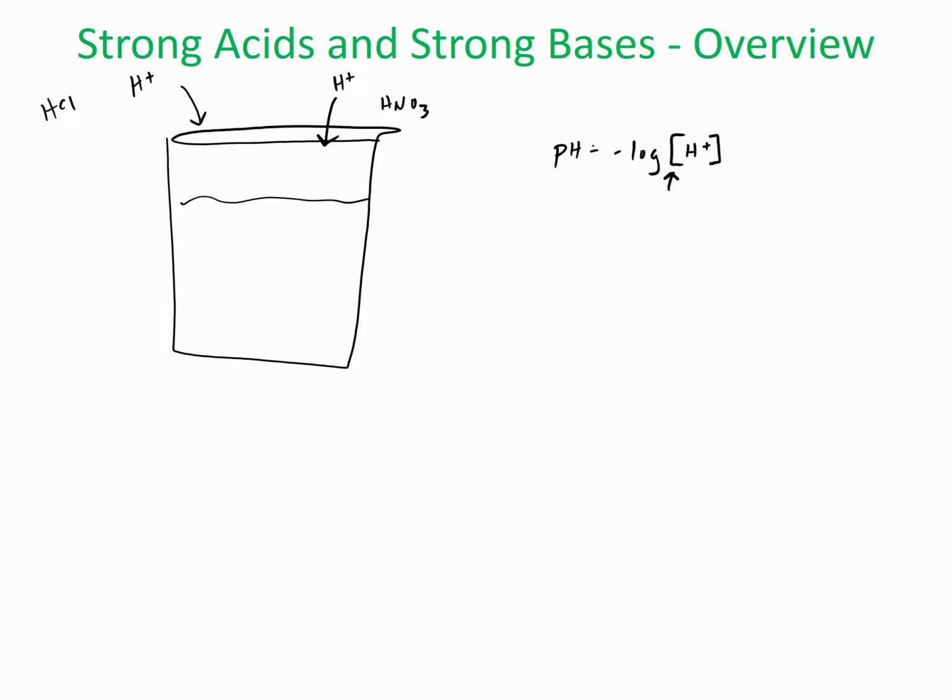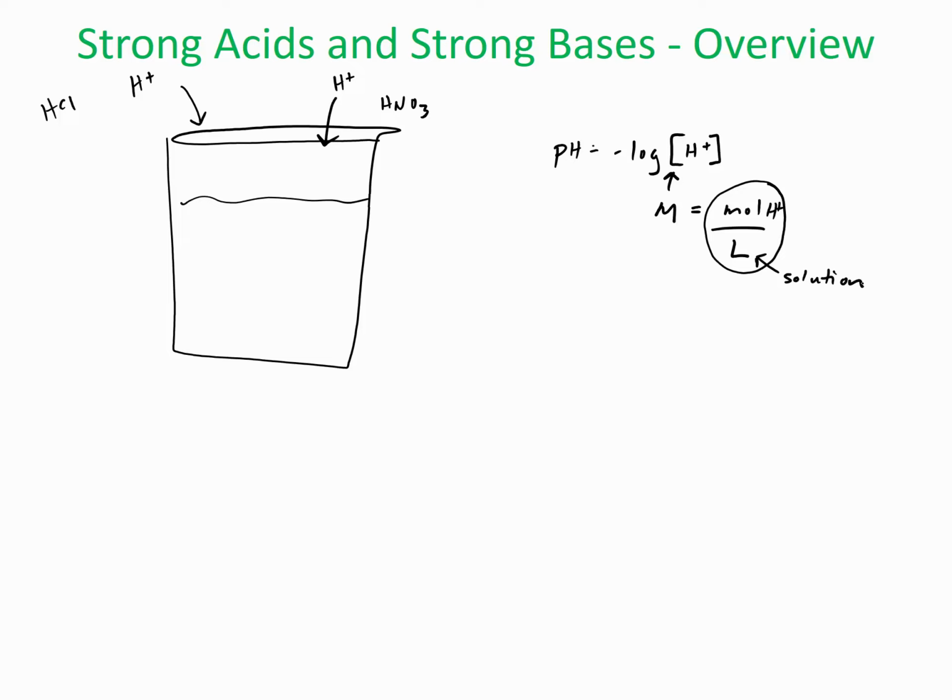Don't forget that those brackets mean molarity. The capital M is moles per liter, and we have to be really accurate about what we're defining as our moles per liter. So it's our moles of H plus over our total liters of solution.